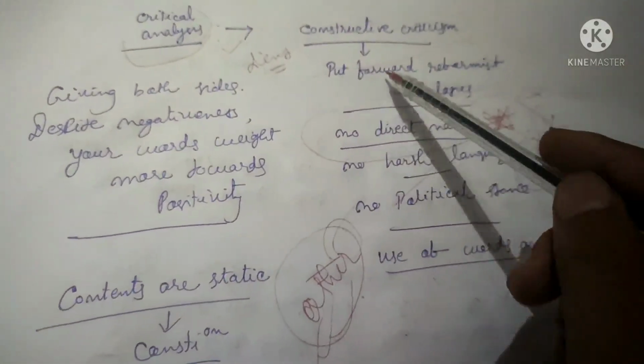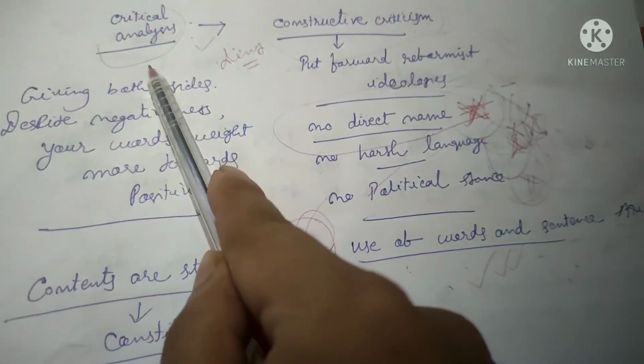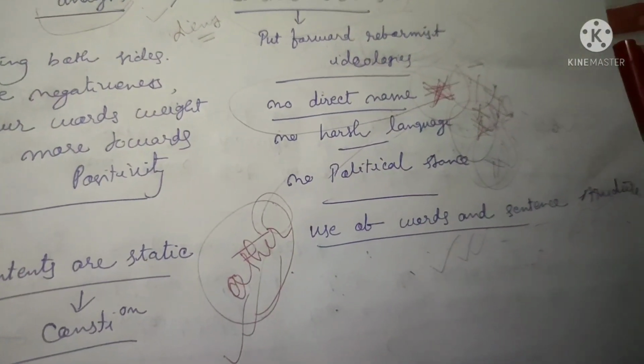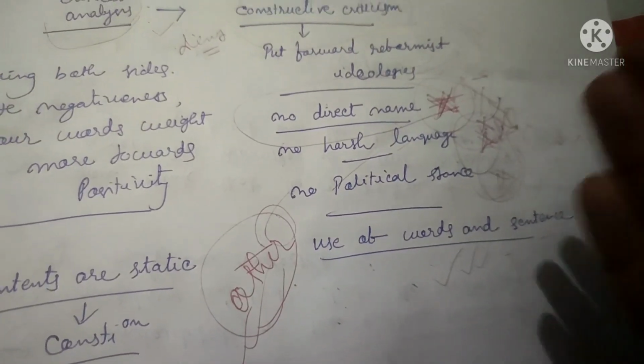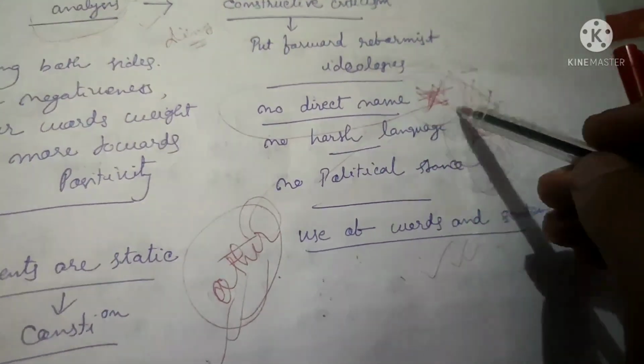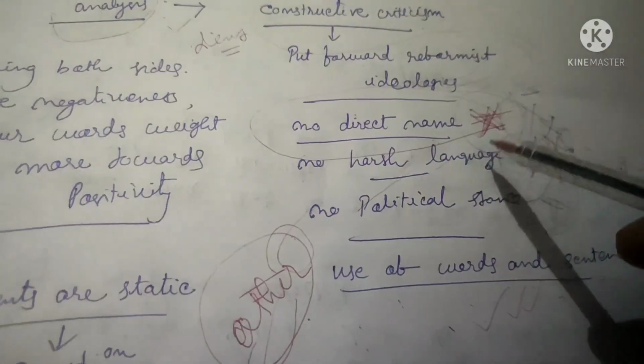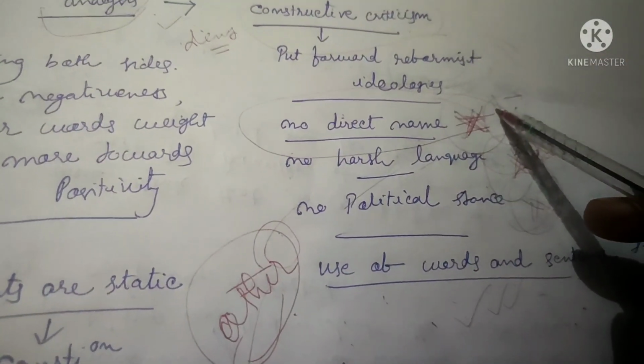So constructive criticism is a part of critical analysis which you have to apply in every answer, in the reverse point. But while doing this, you have to always put forward some reformist ideologies as a part of constructive criticism.